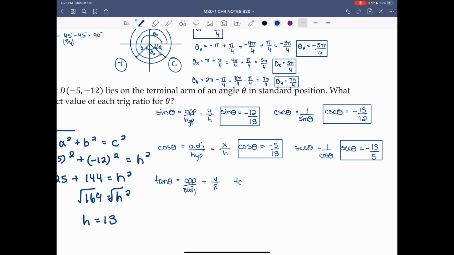So tan theta in this case is negative 12 over negative 5, which becomes 12 over 5. And then lastly, cotan theta is 1 over tan theta, then cotan theta here would equal 5 over 12.